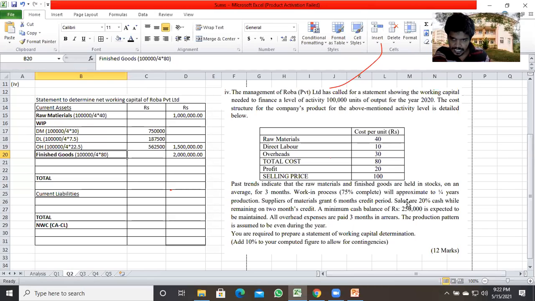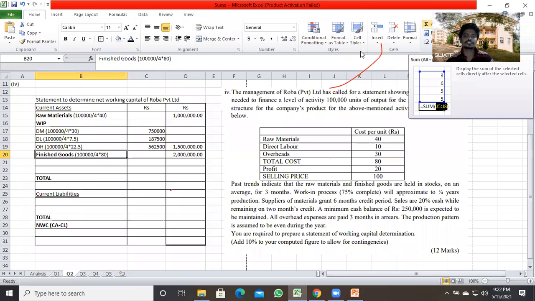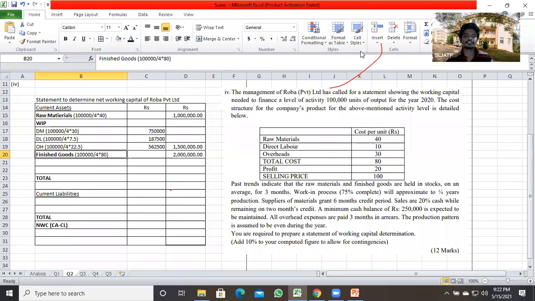Sales are 20% cash while the remaining is on 2 months credit. Yes, Jessima is saying 100,000 into 100 into 80%. Total sales equals 100,000 into 100, but it says only 80% is on credit basis.